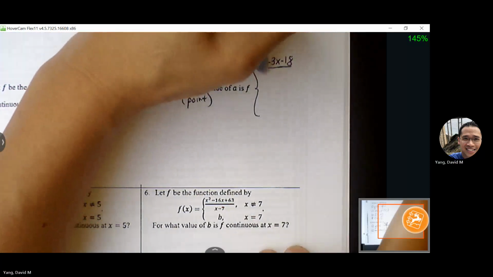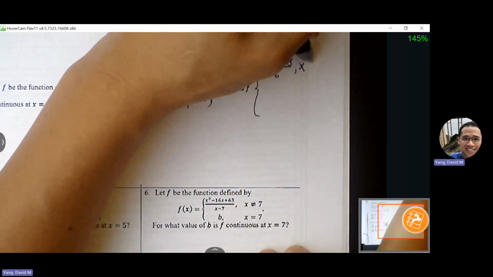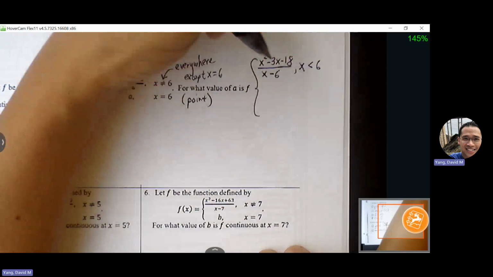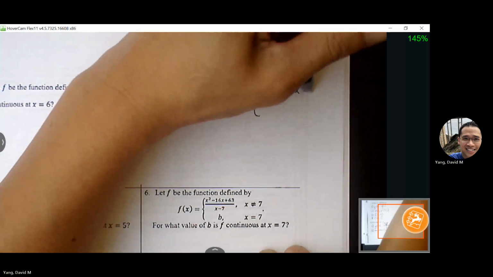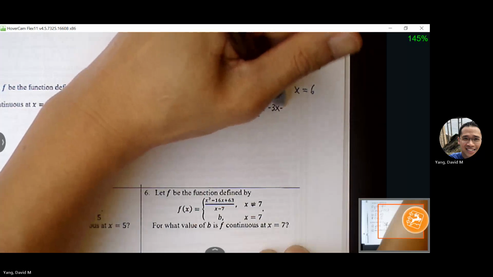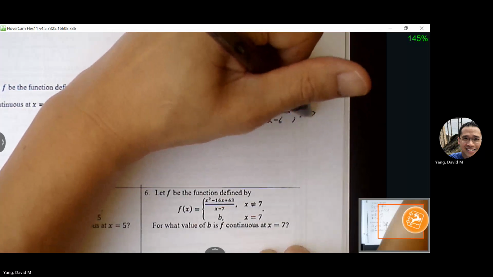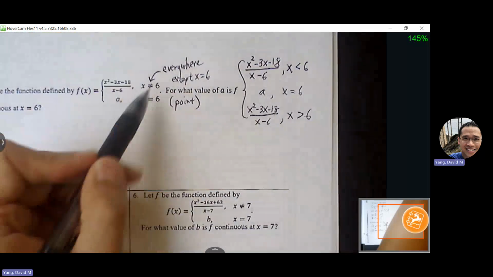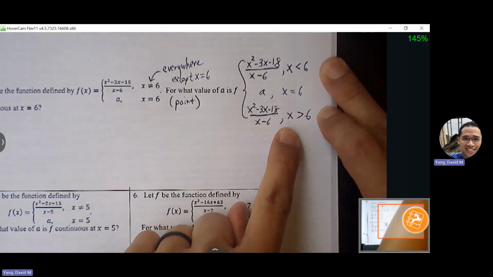But I think it helps just to see what this really means. So this is really a shorthand way of writing this one, right?